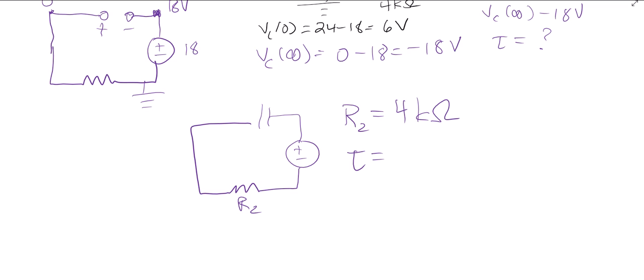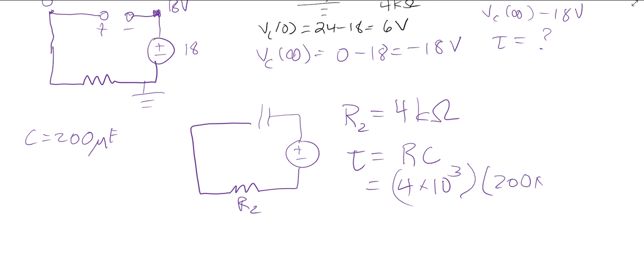So tau is RC, which is 4 times 10 to the third, and the capacitance was 200 microfarads, so that's 200 times 10 to the minus 6, and that ends up being 0.8.